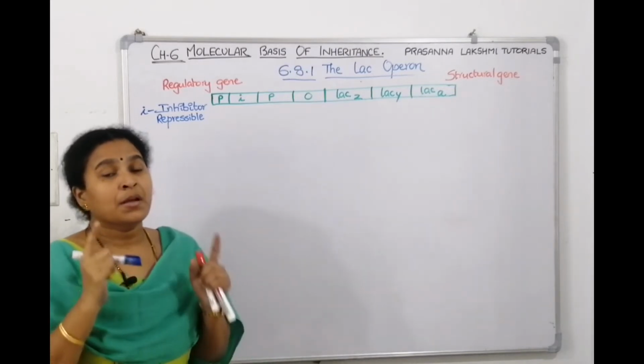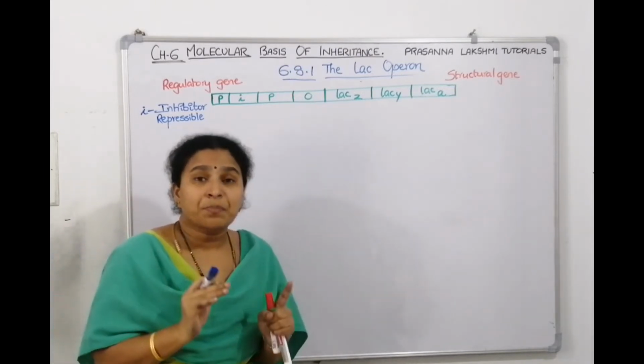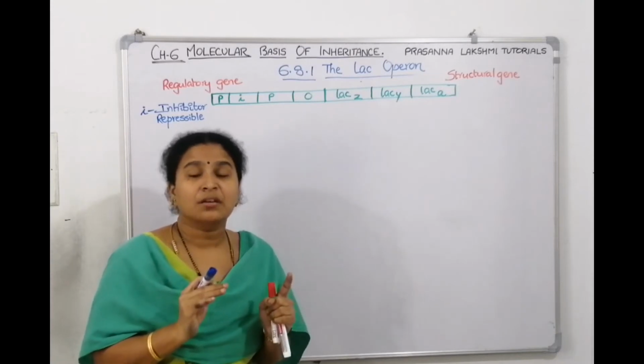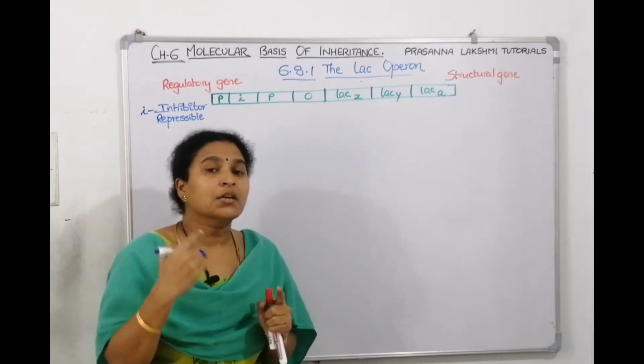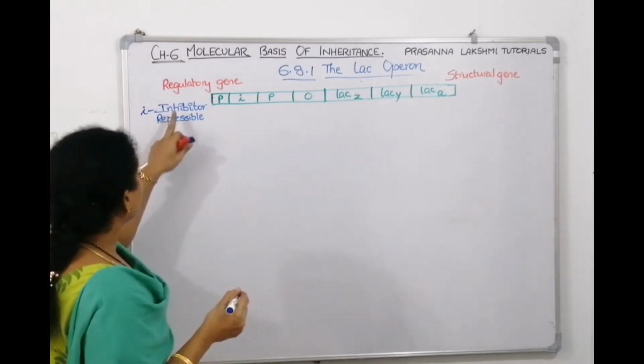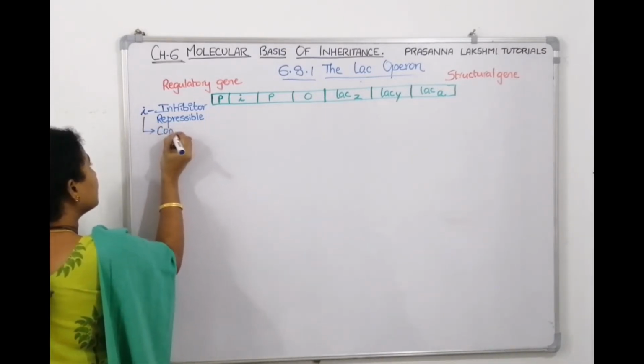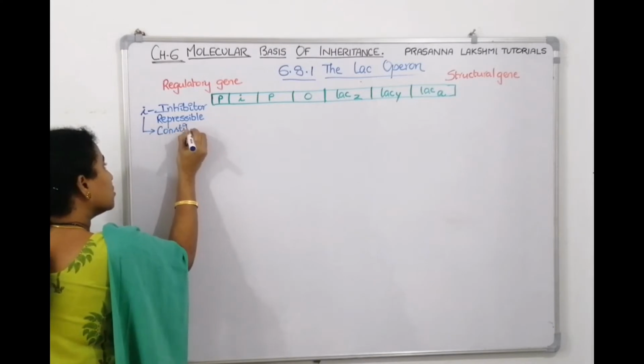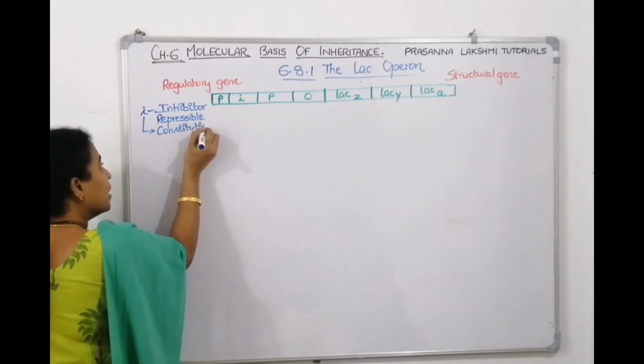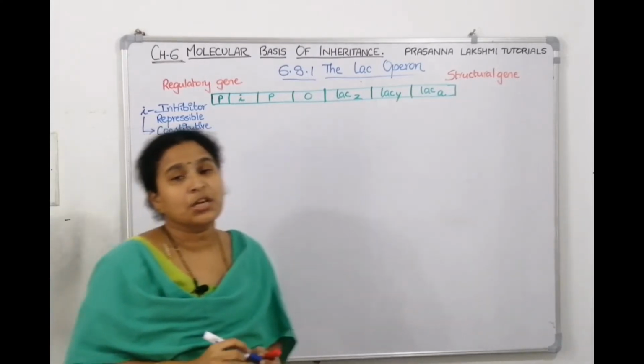And one more thing, the I gene, the repressible gene, the regulatory gene in Lac Operon comes under constitutive gene.